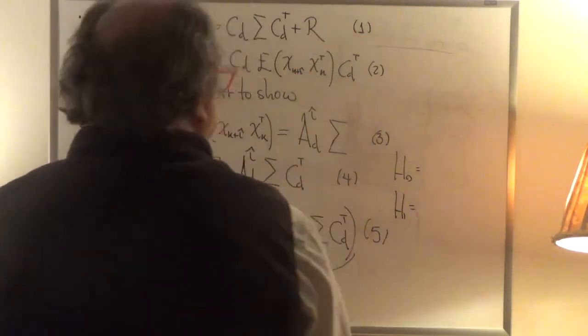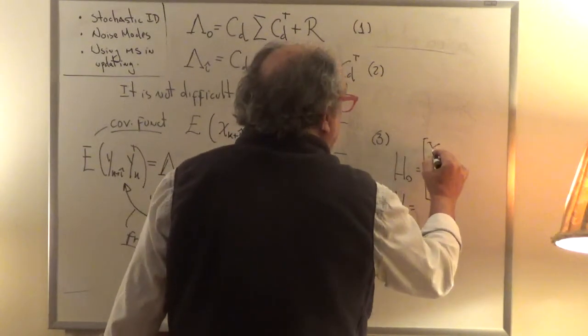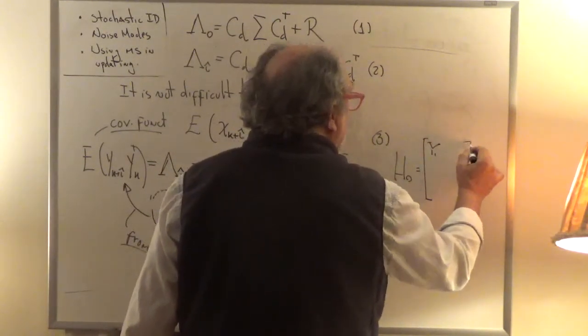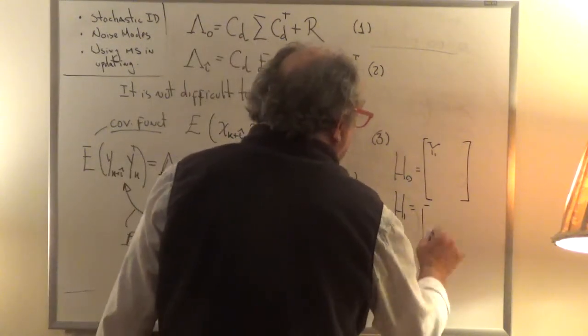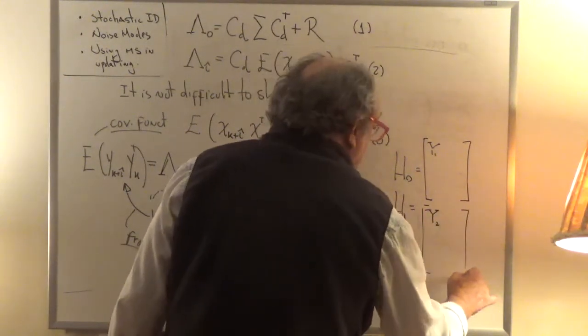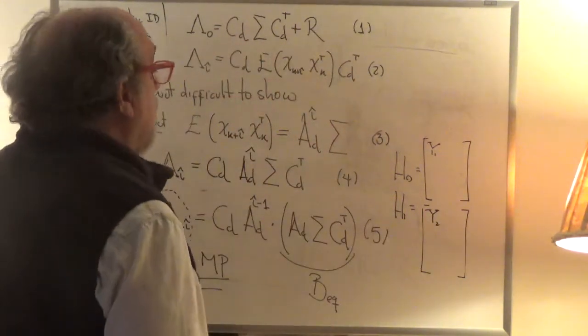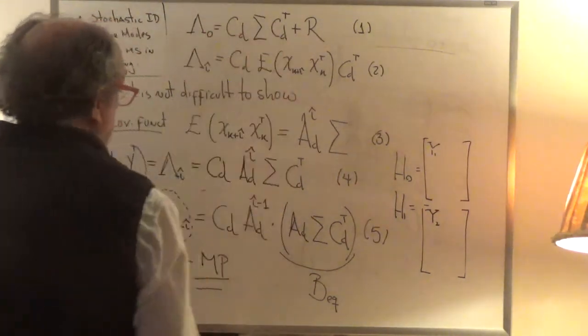When we form the matrix H0, the first entry is the Markov parameter Y1, and in the Hankel matrix H1, the first parameter that we need is Y2. So we really don't need the zero Markov parameter.